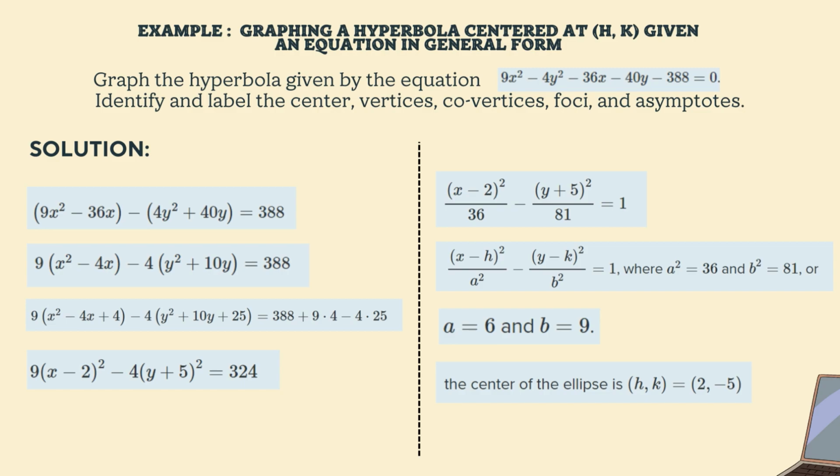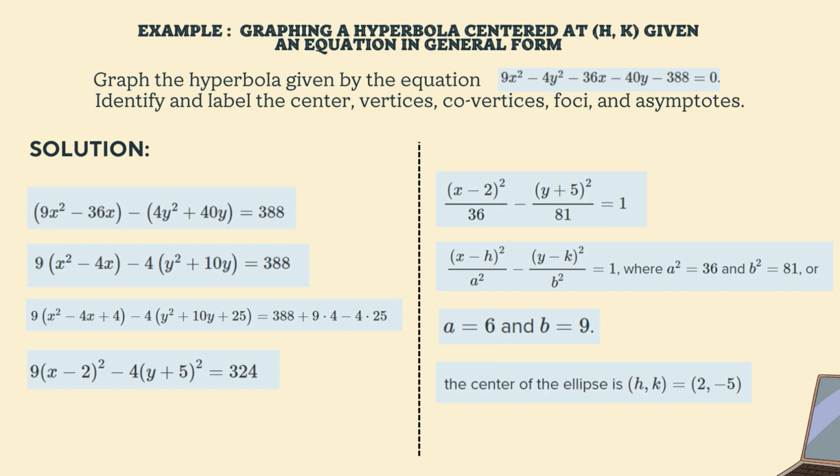Complete the square twice. Remember to balance the equation by adding the same constants to each side. So 9 times the quantity of x squared minus 4x plus 4 minus 4 times the quantity of y squared plus 10y plus 25 equal to 38 plus 9 times 4 minus 4 times 25.